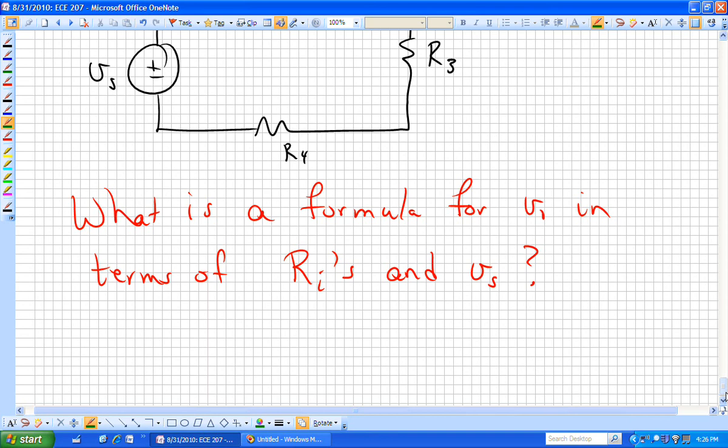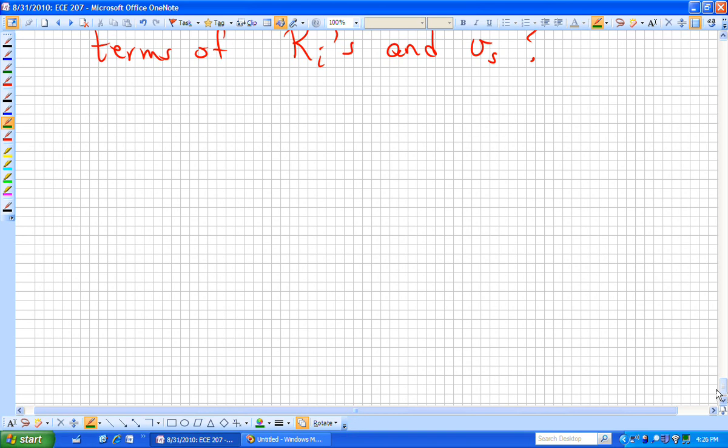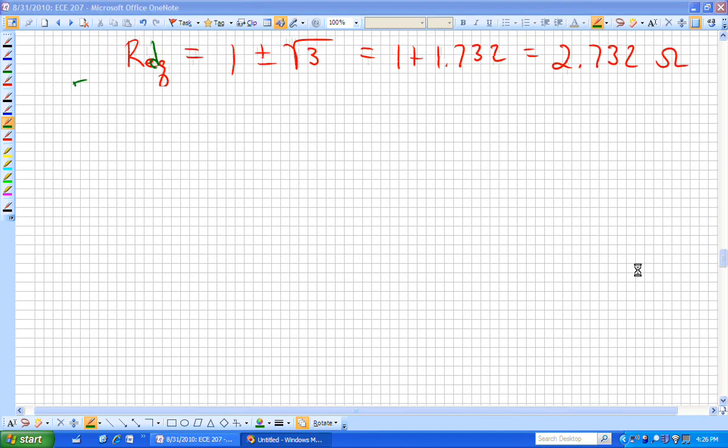That's the voltage divider. You're having too much fun.